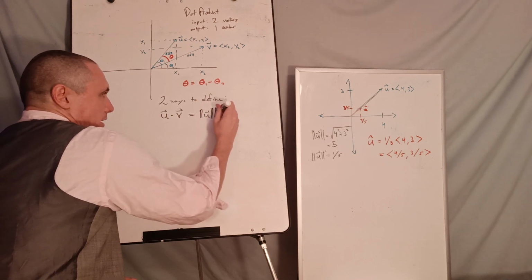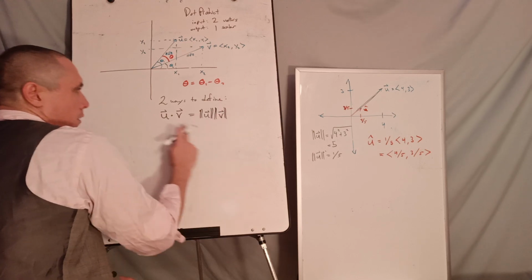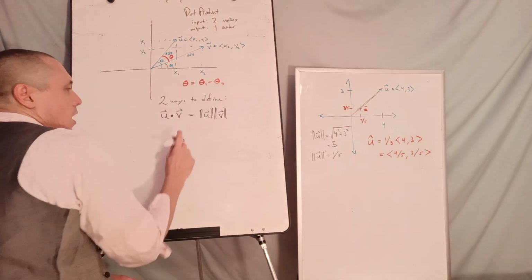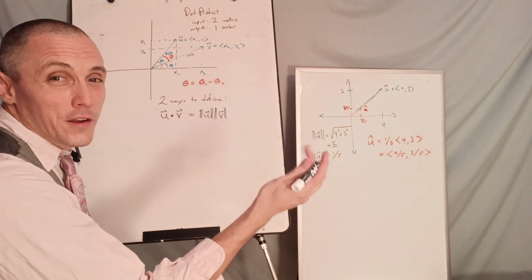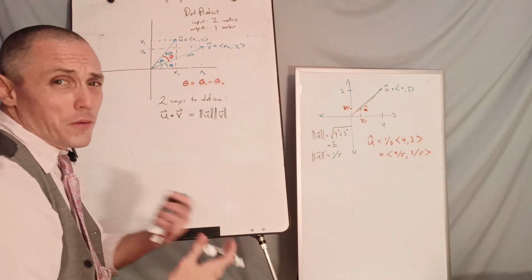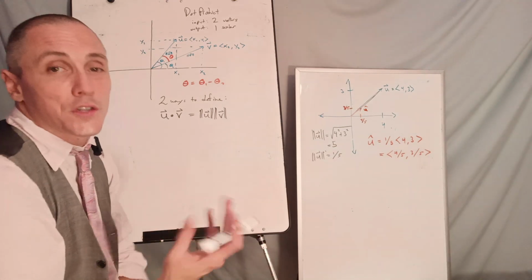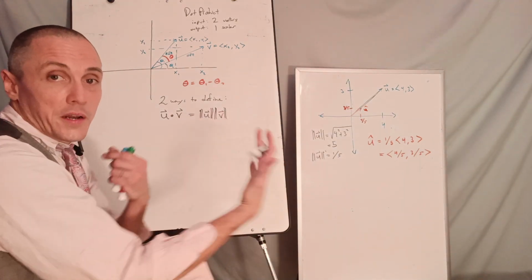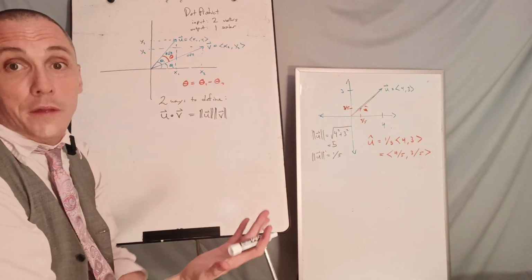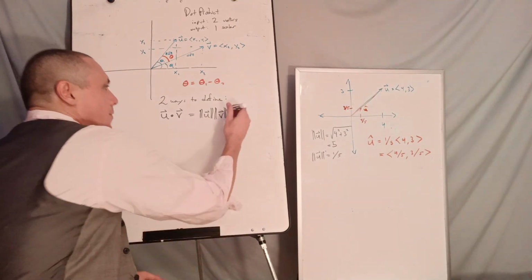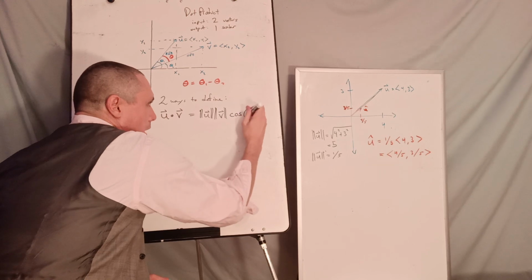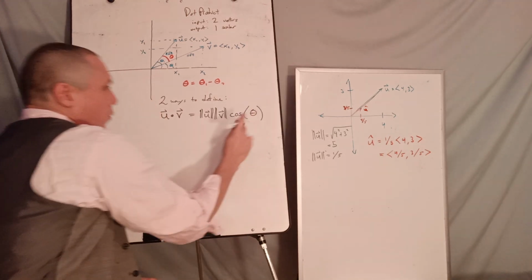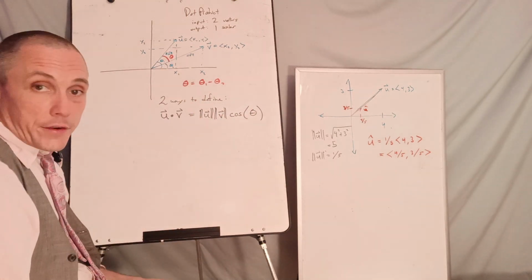So I'm just going to write them next to each other to mean the product, so we don't get confused by dots, because now dot is going to have something very specific. I'll try to make the dot a bit larger, just so we don't get it confused with the scalar multiplication dot. But I'll also just try to use adjacency, or being next to one another, as meaning we're multiplying these scalar numbers. And this is going to be multiplied by cosine of theta, where theta is the angle between the two vectors.